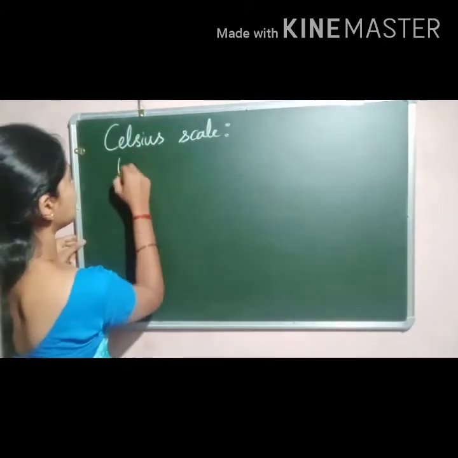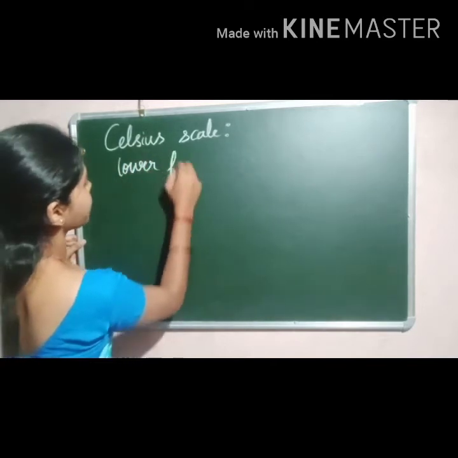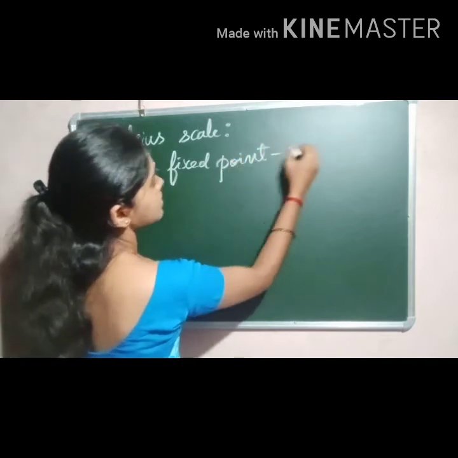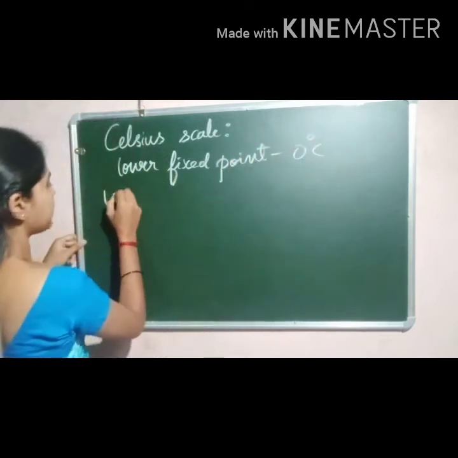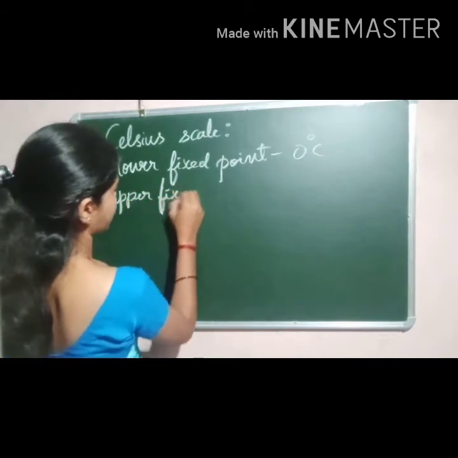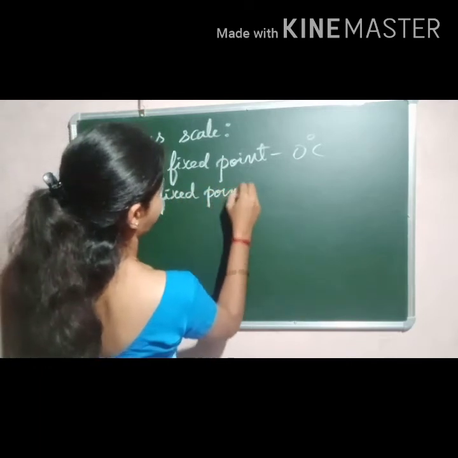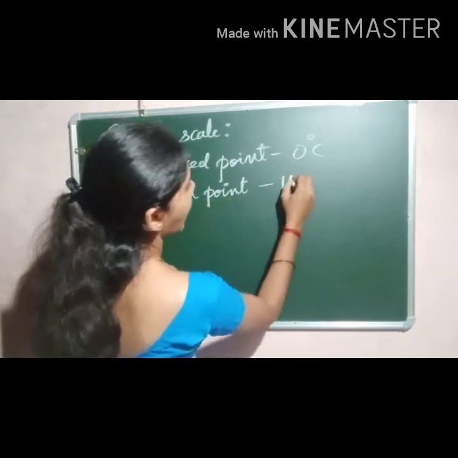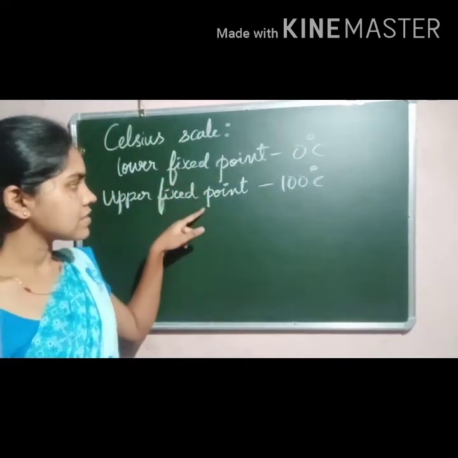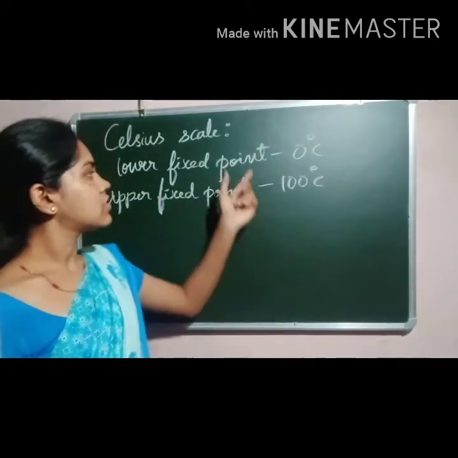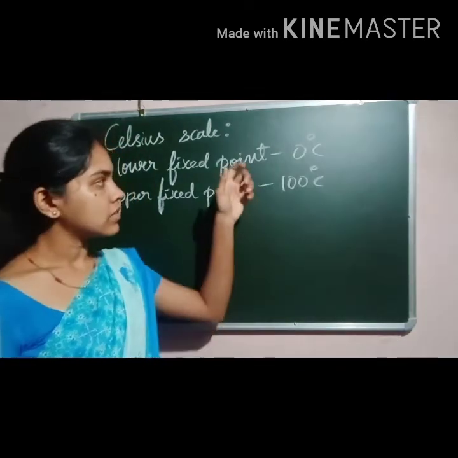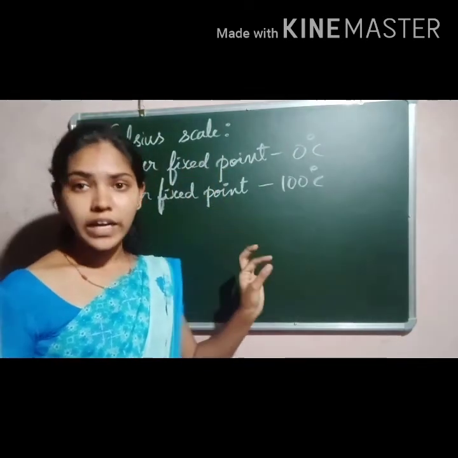As I said, the lower fixed point is 0 degree Celsius and the upper fixed point is 100 degree Celsius. This is the lowest, this is the highest. In between these two points, the scale is divided into 100 equal parts.